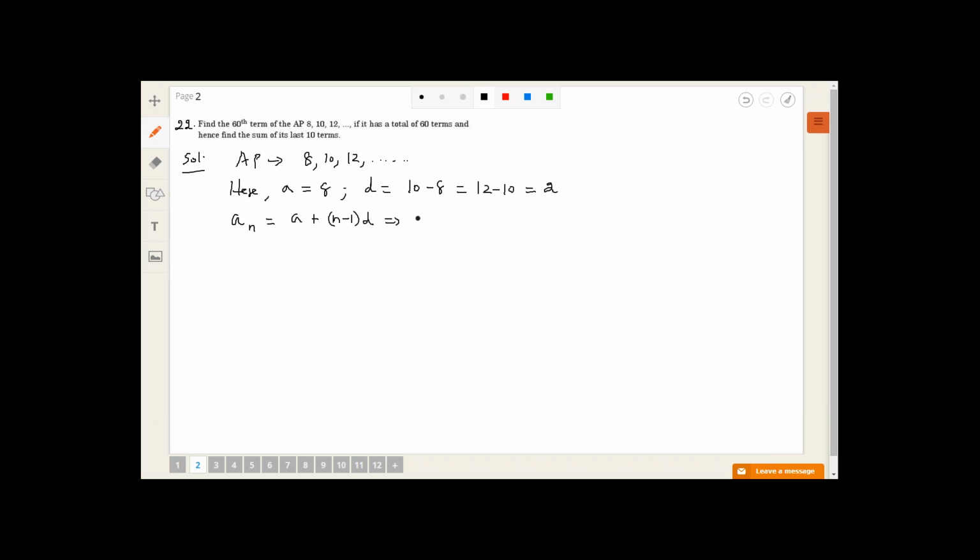So the 60th term, A of 60, will be equal to A plus 60 minus 1 into D, which is nothing but A plus 59D.